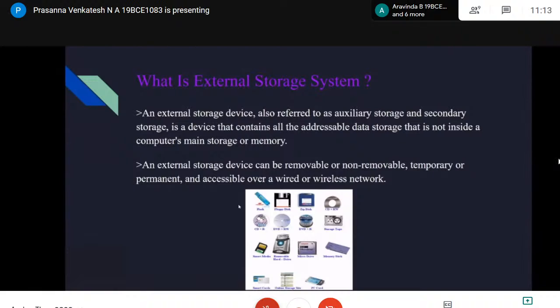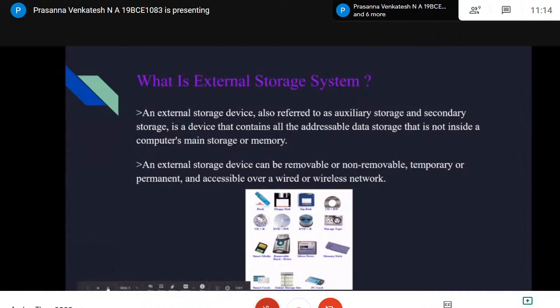So we are now going to look at the topic called external storage system. What comes to mind on hearing this word? You would remember that once upon a time when you were using this big bulky computer, you would have something called a floppy disk, which, fun fact, is what the save icon in Word is modeled on, among others. So this is basically used to store data, since in those days you had limited memory.